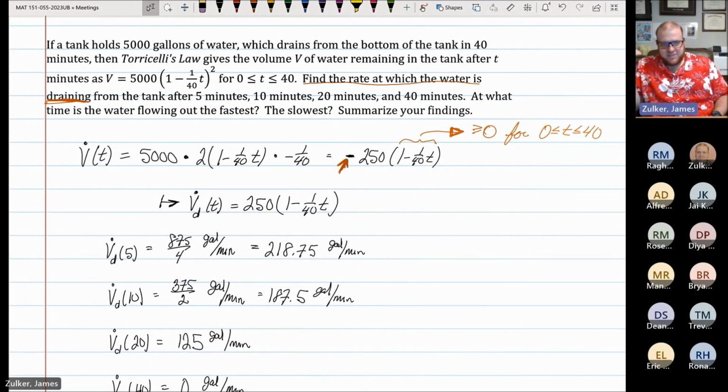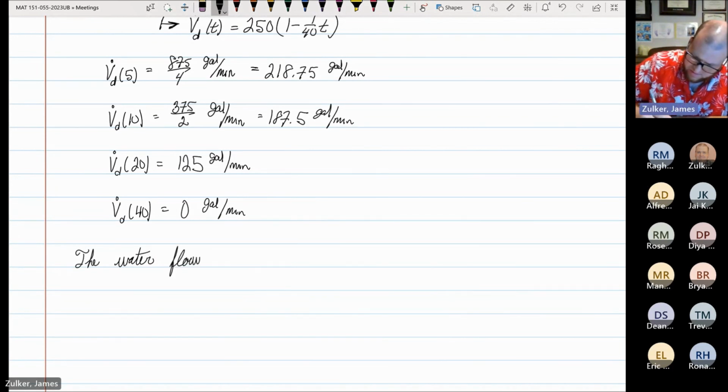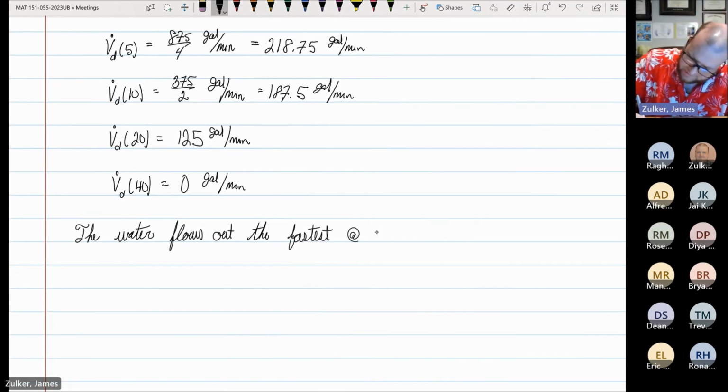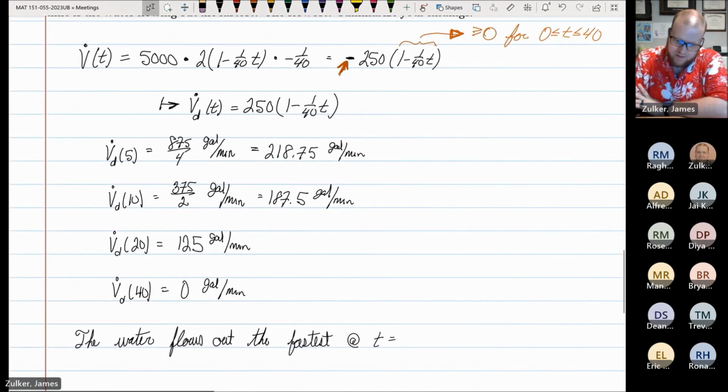At what time is water flowing out the fastest? Let's scroll up here.